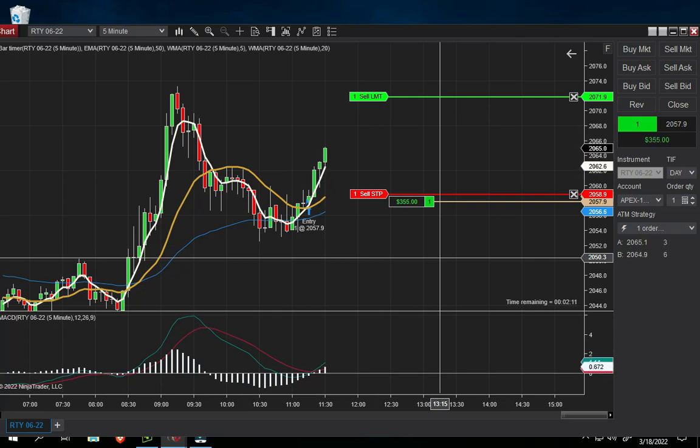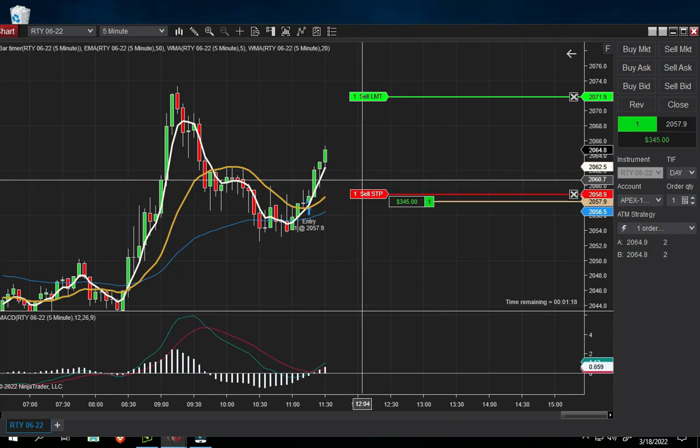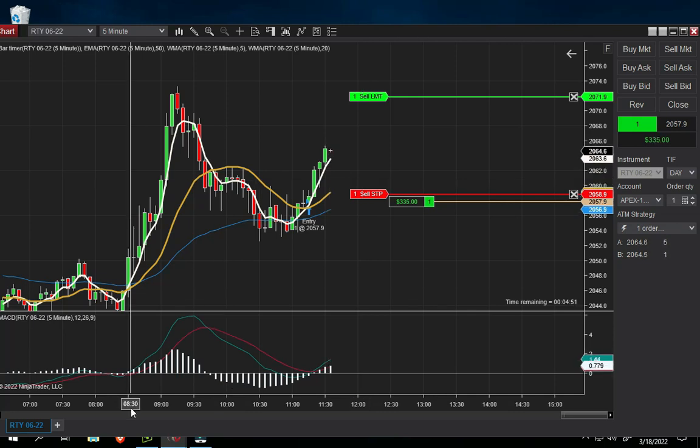But anyway, it's been really hard to kind of structure. It's been very volatile, all over the place. So whenever I got up 5-6 points, I went ahead and moved my stop loss, just to be in the profit zone.